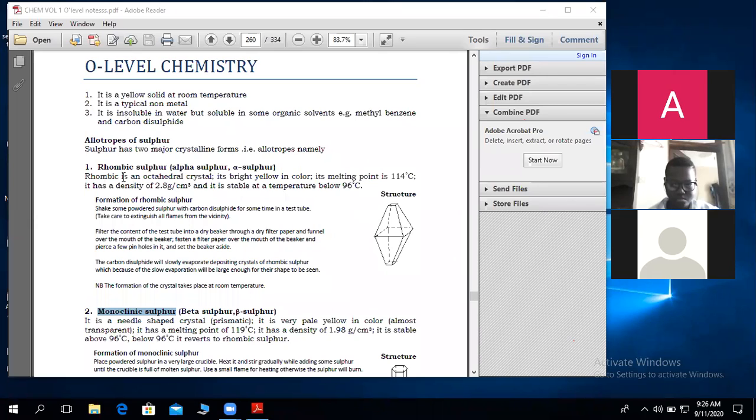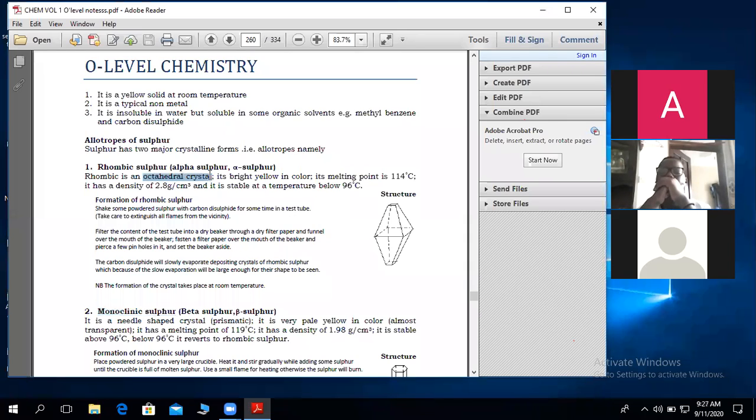Like we were saying about allotropes of carbon, we said the structure of graphite is hexagonal, then the structure of diamond is tetrahedral. So for rhombic sulfur, the structure is octahedral.